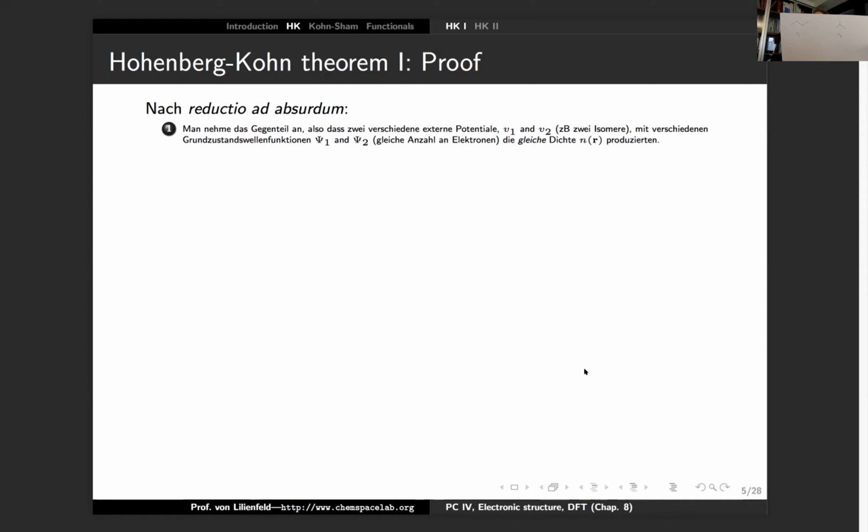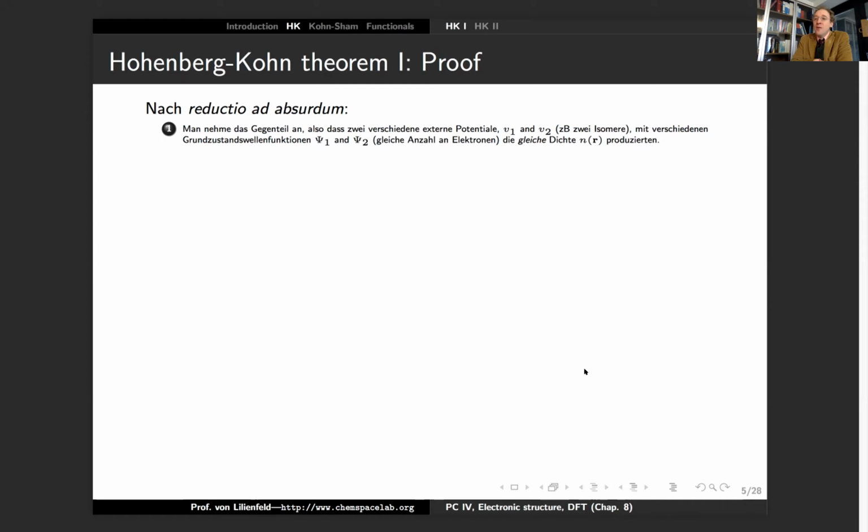Right. So these are the two systems we want to consider. They have two different external potentials, same number of electrons, same number of atoms, and we presume that V1 is the usual butane and V2 is the isobutane, right? Now, we want to presume the opposite of what we want to show.